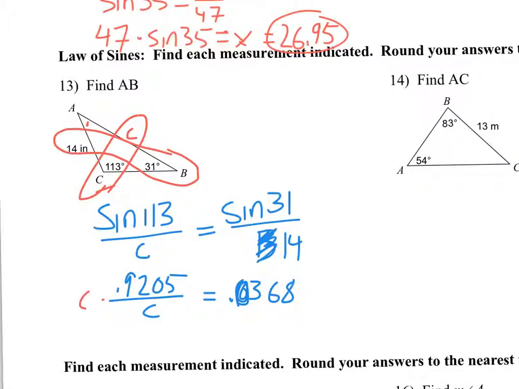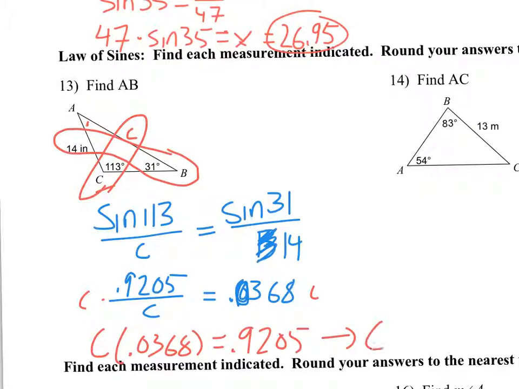Multiply both sides by c to get that out of the bottom, and we're going to end up with c times 0.0368, and if I divide by 0.9205, we end up getting c is equal to 25.01.